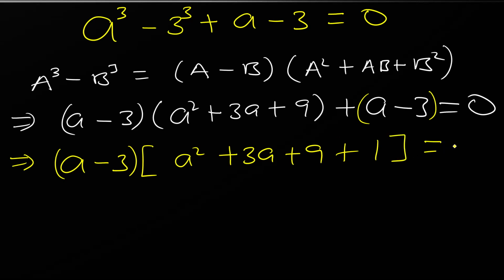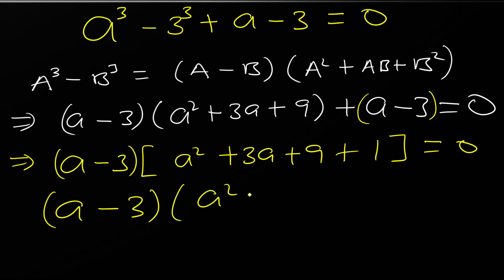As simple as that. So we have a minus 3 times a squared plus 3a plus 10 equal to 0.